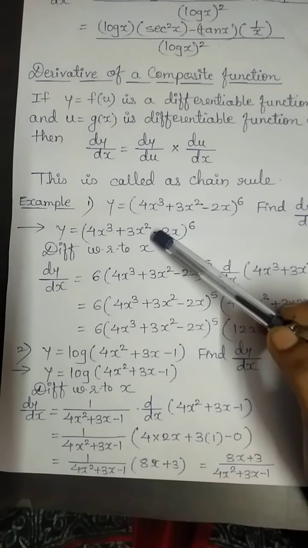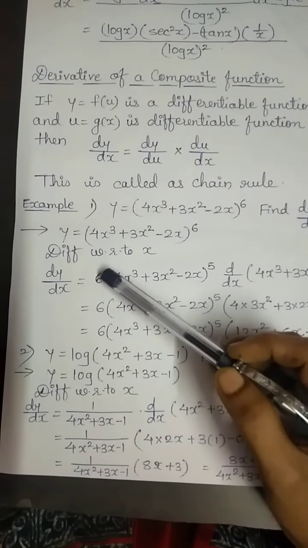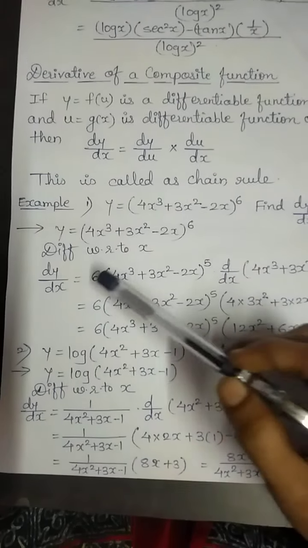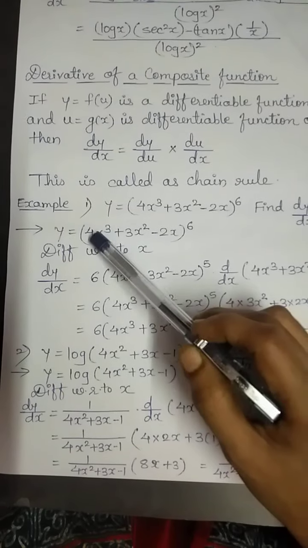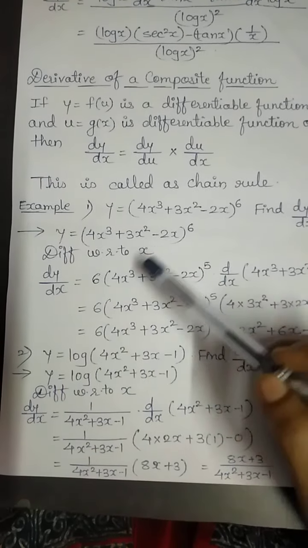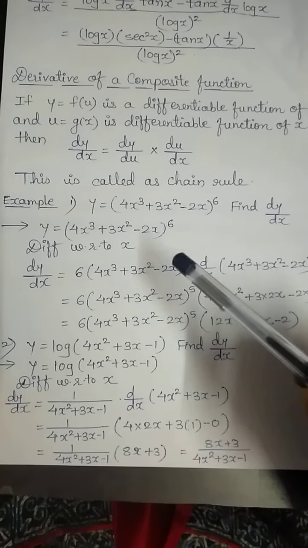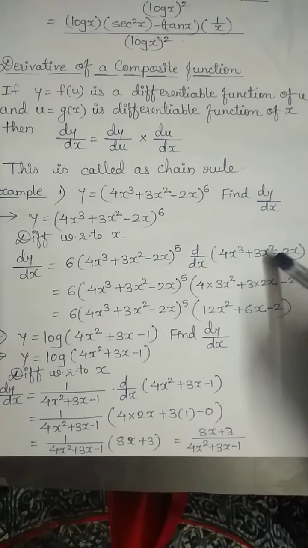Now applying the formula of x raised to n to x raised to 6, we will get 6 into x raised to 6 minus 1, that is 6 into x raised to 5, and x is nothing but this entire expression. Now the term which we are considering as x, find the derivative of that term again.